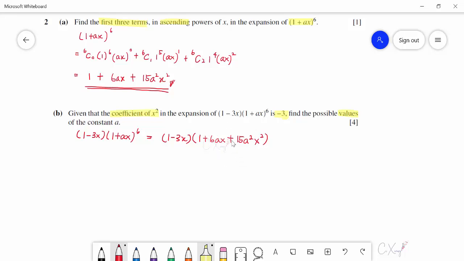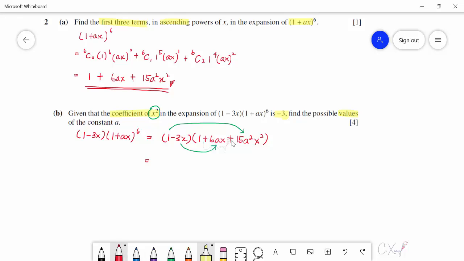After that, I will figure out how I will get x². To get x², we take the first term and multiply it with the x² term, then you will have an x². For the second term, -3x, you have to multiply it with something with x also, so that the outcome is x².